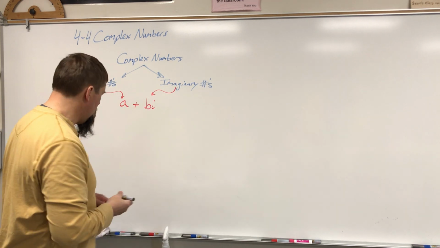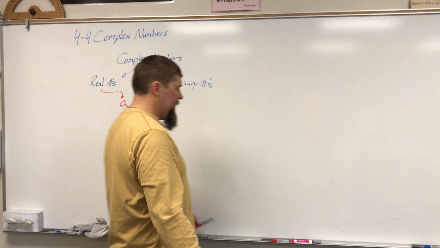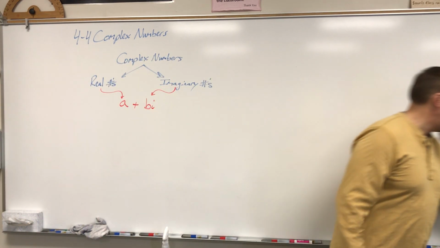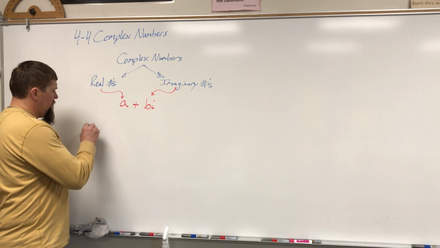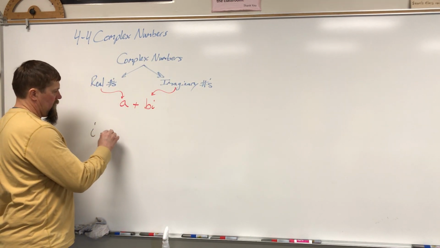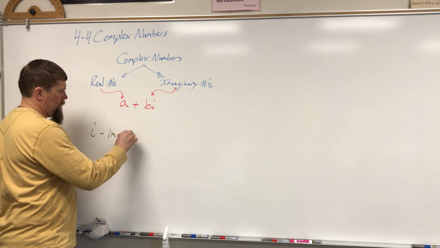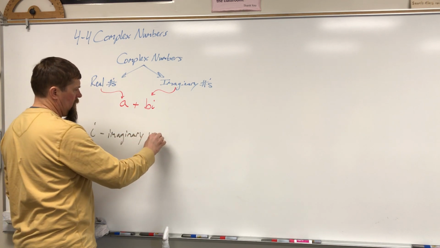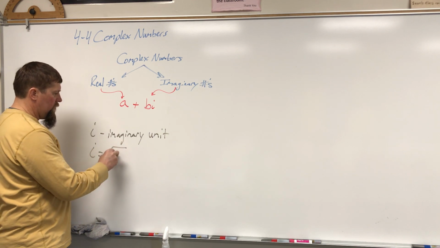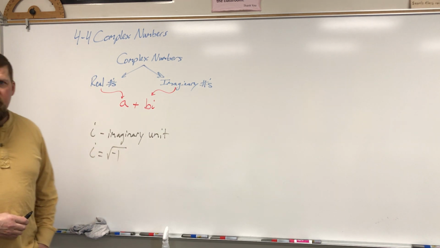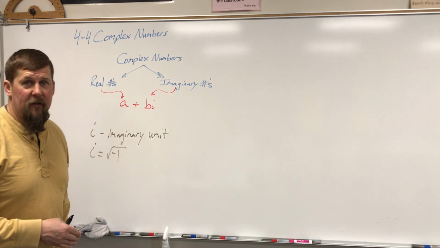Now let's talk about what i is. i is called an imaginary unit, where i is equal to the square root of -1. Now, we've never been able to take a square root of a negative.